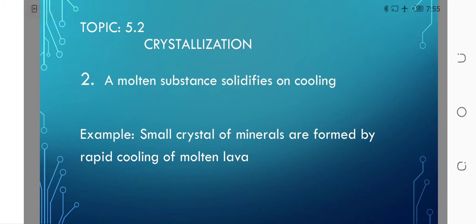Molten substances which solidify slowly produce bigger crystals, and if the solidification is fast, then it will produce smaller crystals. So keep in mind that when molten substances solidify, if the process is slow, we obtain bigger crystals, and if the solidifying time is very fast, we obtain smaller crystals, like sugar and salt.